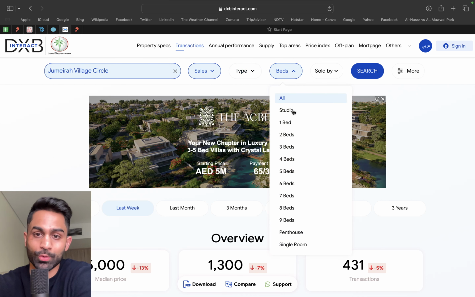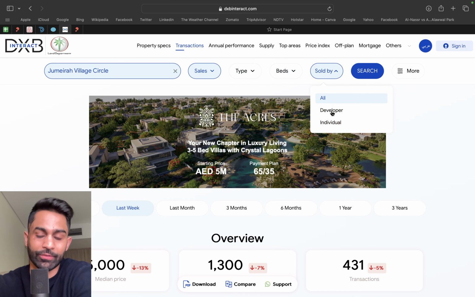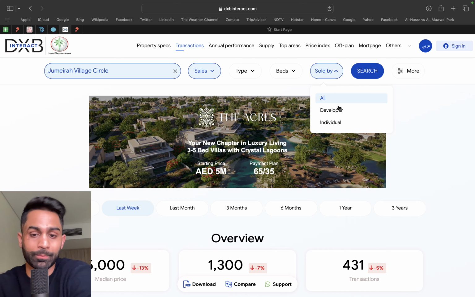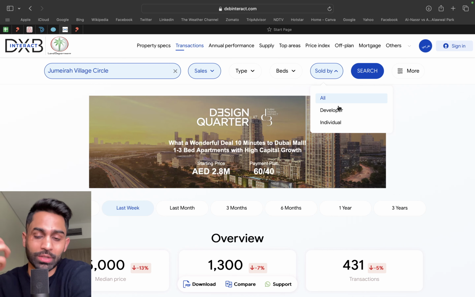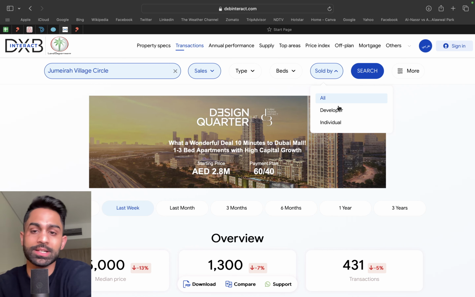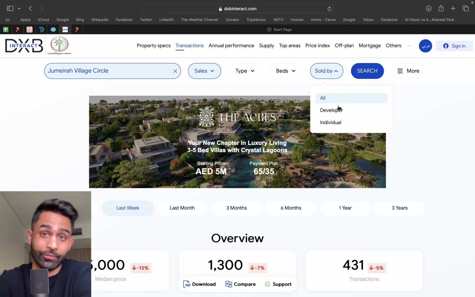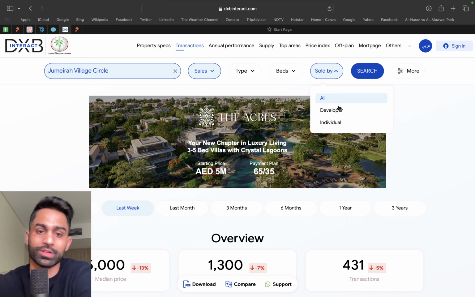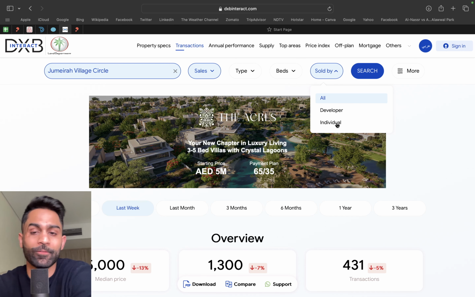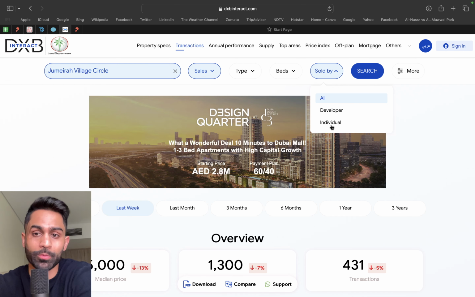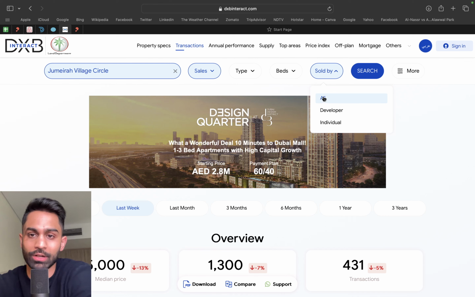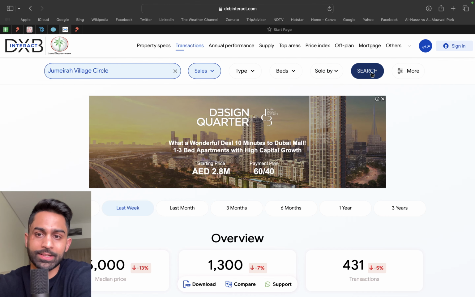Then number of bedrooms or a studio, and whether it's sold by a developer or an individual. A developer is the one who's actually constructing the building. There's a lot of different ones like Emaar, Damac, Nakheel. There's a lot of developers here in the UAE, of course, Emaar being one of the best ones. And individual is going to be the secondary market, between the seller and the buyer itself. So we're going to keep it at all and hit search.